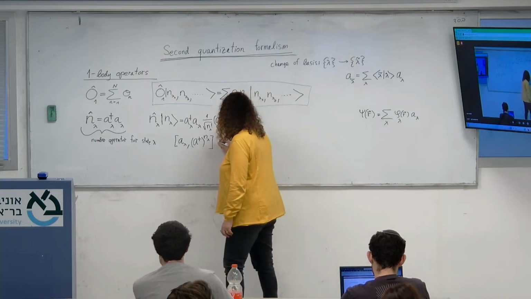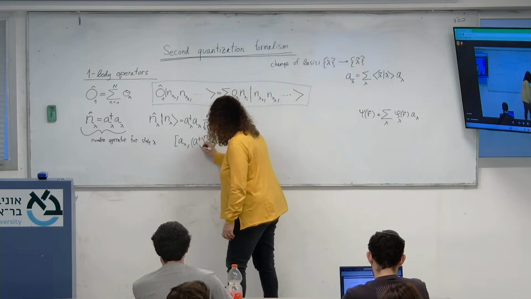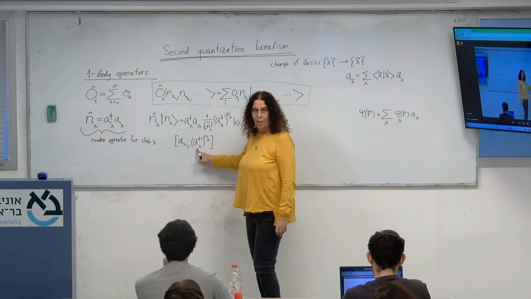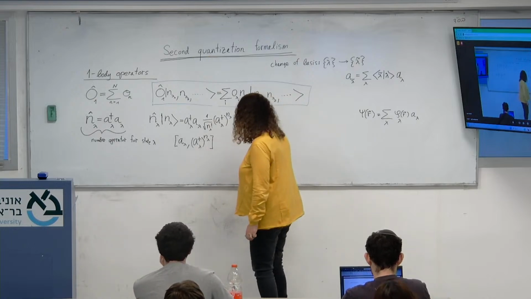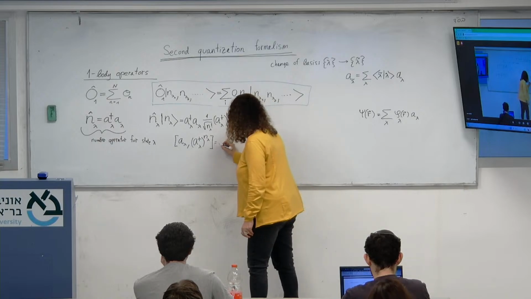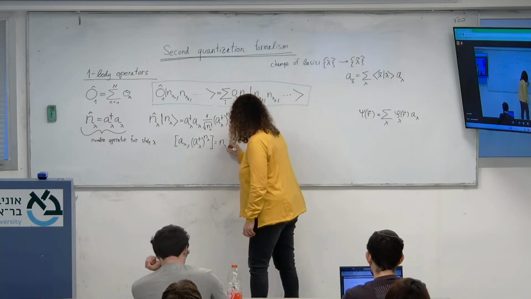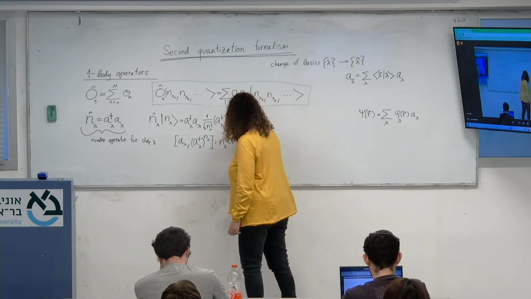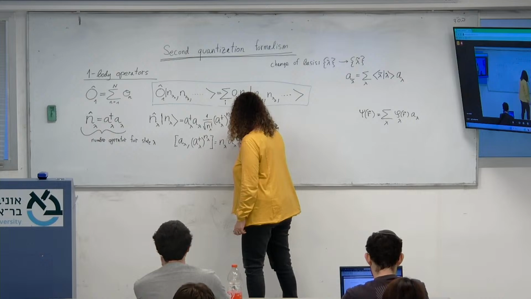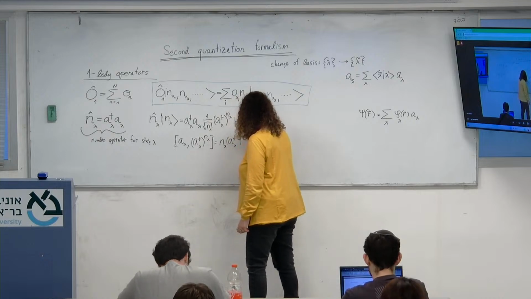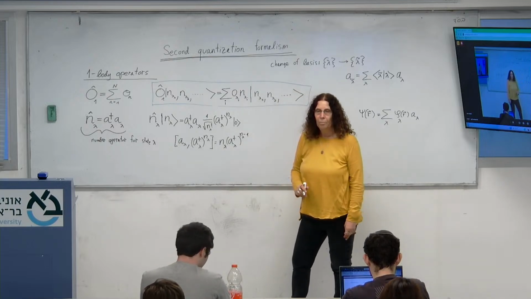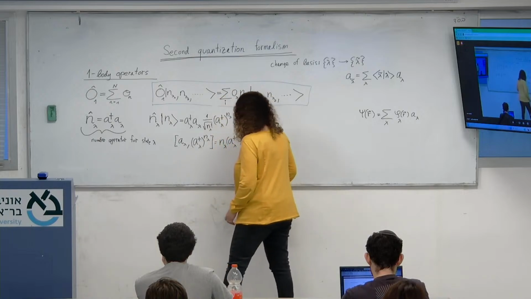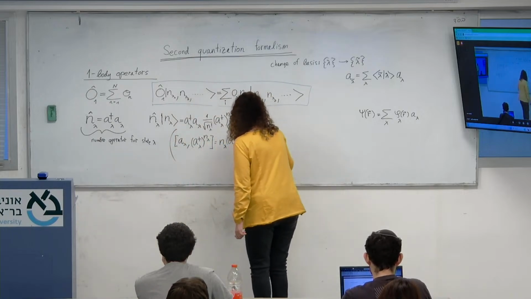Of course, this is for the same lambda. If it was lambda prime, you get zero. But for the same lambda, it's like a derivative: it's going to give n lambda times a lambda dagger to the power n lambda minus 1. So this is, if you like, an auxiliary calculation.